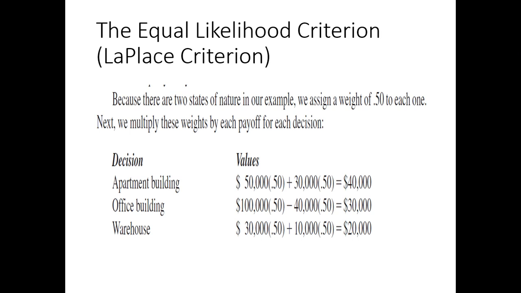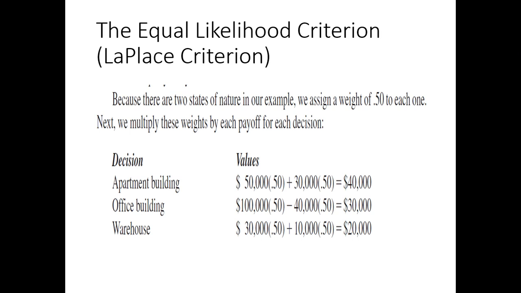Now the final values are 40, 30, 20. Again in this method, which one do we select? The maximum. Only in the case of Minimax regret did we select the minimum; in all others, we select the maximum. So this completes all the 5 tools in decision analysis without probability.